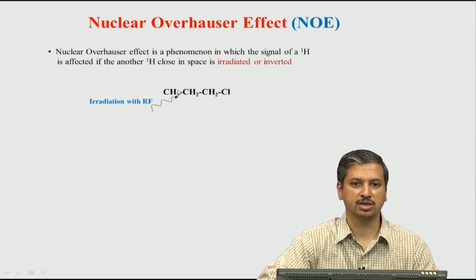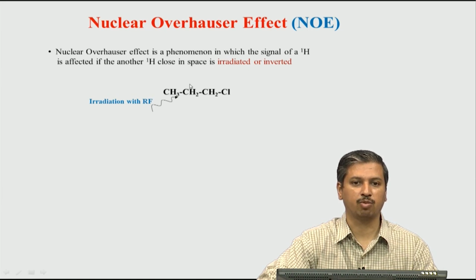That means the two levels are saturated, they equalize the population, so there is no longer any population difference. Now, that polarization, which is 0 now, starts going back towards equilibrium when you remove the pulse, and the creation of this 0 polarization basically affects the neighboring hydrogen.